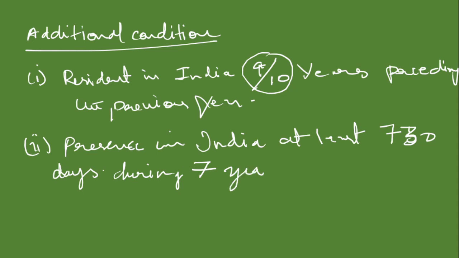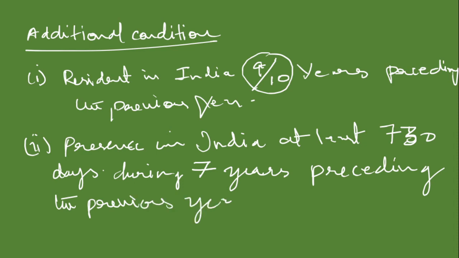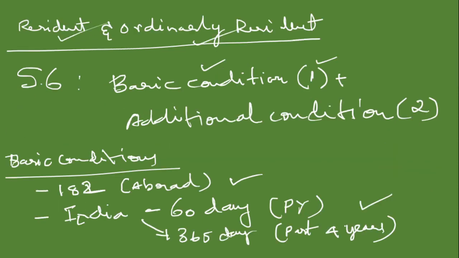So these two conditions are mandatory to determine that you are an ordinarily resident. There is one basic condition that should be achieved: 182 days, or in India 60 days in the previous year and 365 days in the past 4 years.